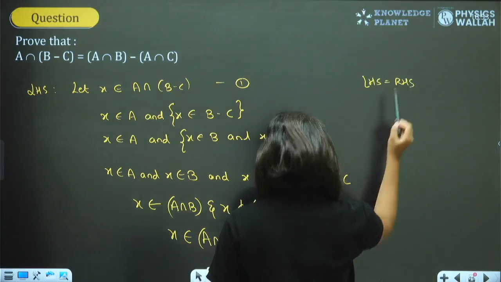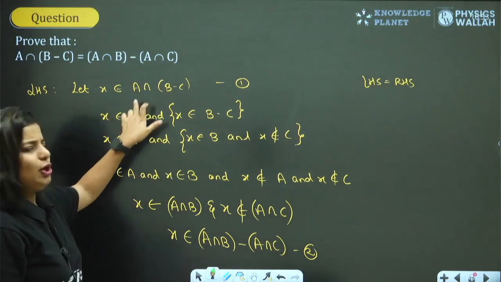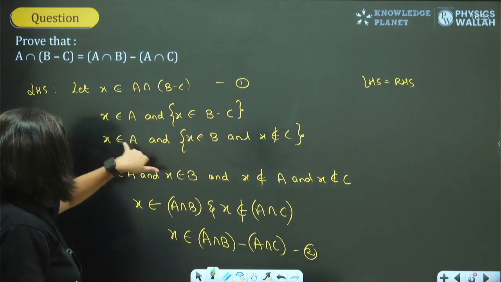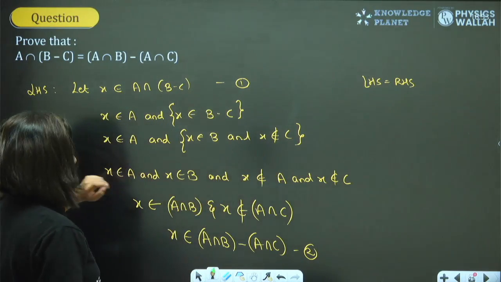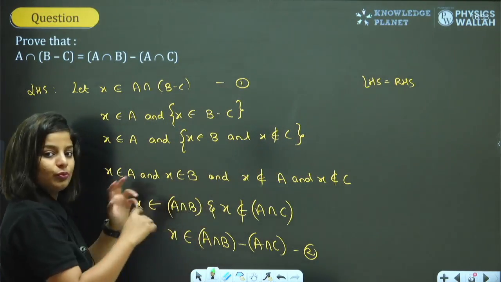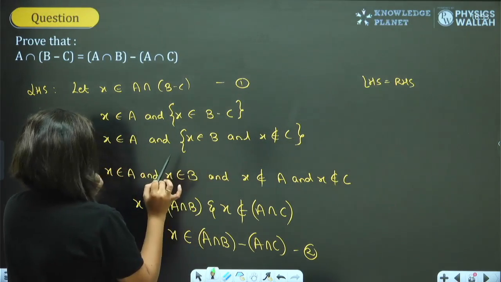I'll recap it quickly. X belongs to A, X belongs to B minus C. That means belongs to A, belongs to B, doesn't belong to C. Now remember that this does not belong to will be used in the distributive property.